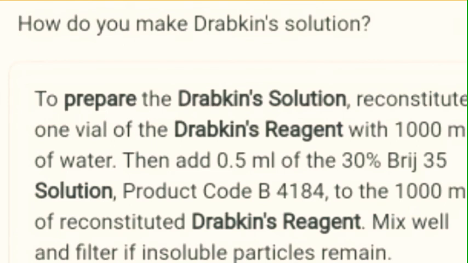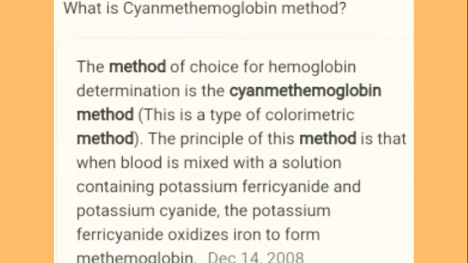Mix well and filter if insoluble particles remain. So, this is the method to make the Drabkin solution in your laboratory.